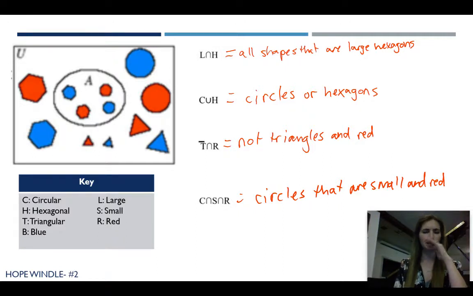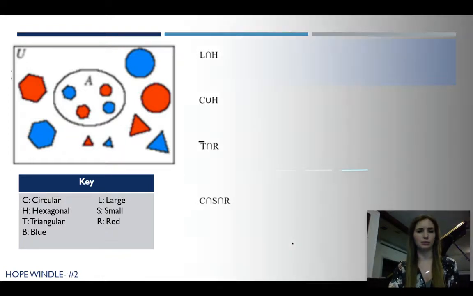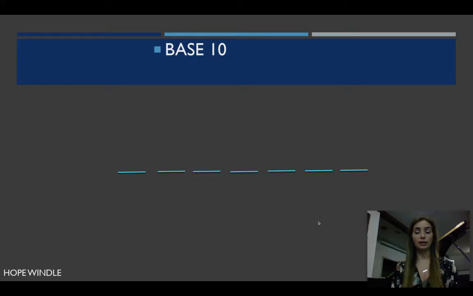Okay, so thinking about sets and numbers and number systems and things that we can communicate with numbers, when we think about place values and all these things, we think in a decimal system. We think in the base 10 system, most likely because we have 10 fingers.